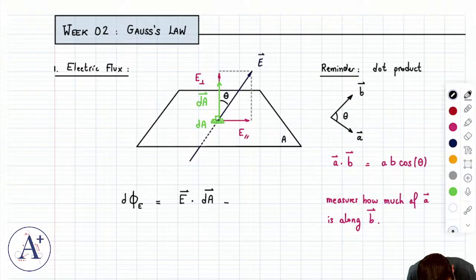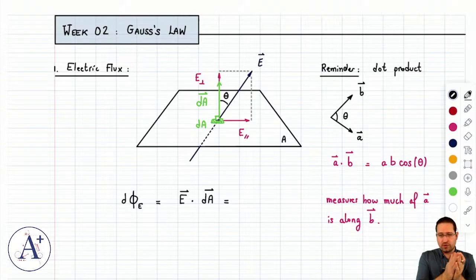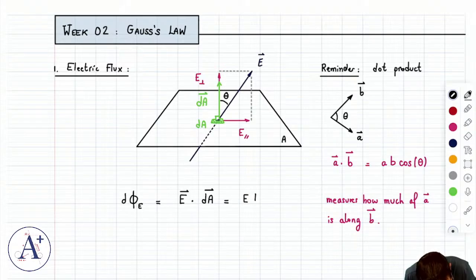Okay, now by definition of the dot product, E dot dA measures how much of E is along the vector dA. But the beauty of the vector dA is that not only does it have the right direction with the angle theta between E and dA, but it also has the right magnitude. So it's going to be E dA cosine theta.